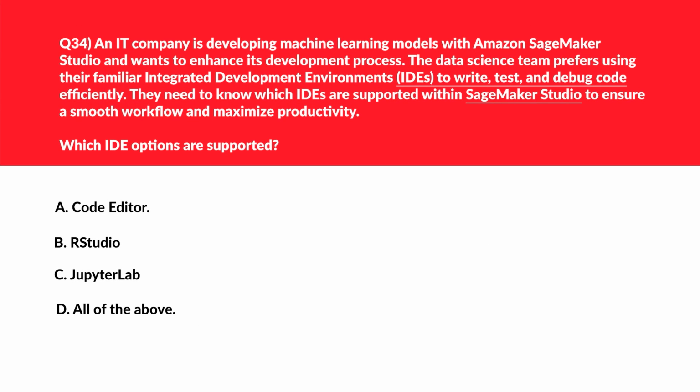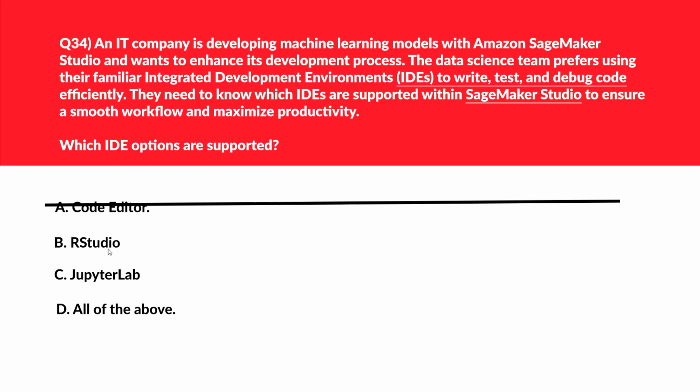Alright, now it's all about an IDE to write, test, and debug code. Let's first look at option A. A says code editor. While using the built-in code editor is supported, it doesn't encompass all IDE options available in SageMaker Studio. Therefore, incorrect choice. Let's move to option B. B says RStudio.